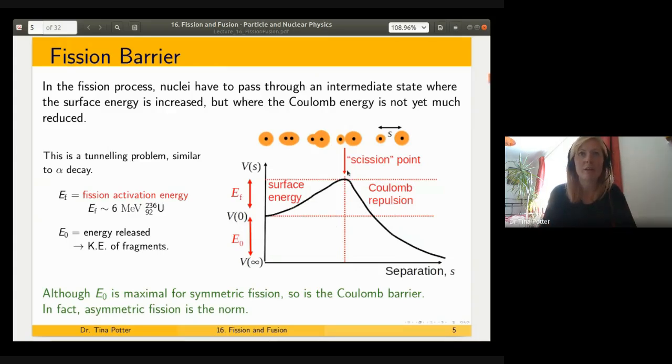This Coulomb barrier here for fission is largest for when we have symmetric fission. If we have asymmetric fission, this will drop. The energy released will be lower, of course, but it will still be non-zero. So in fact, asymmetric fission is more normal, because this barrier is smaller and easier to tunnel through or easier to gain energy to get over that barrier. So symmetric fission gives you the largest energy released, but because of this fission barrier, it's actually not the norm.